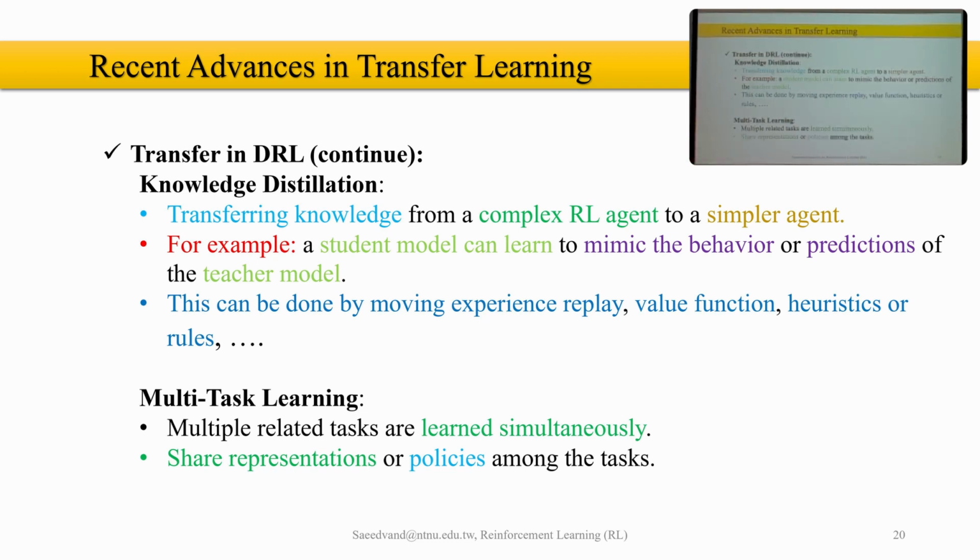It is called multitask learning in transfer learning. What we can do there with reinforcement learning is share representations or policies among the tasks in real time. Here we do it offline, here we do it online. At the same time we share the information between them.